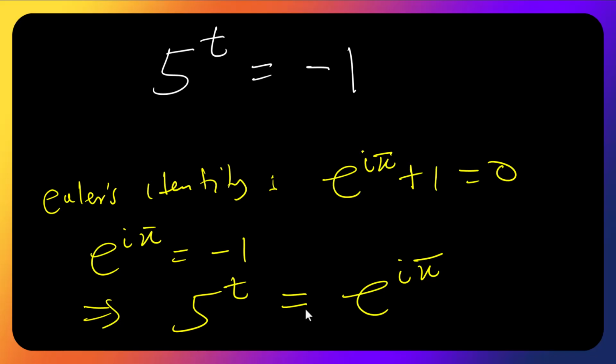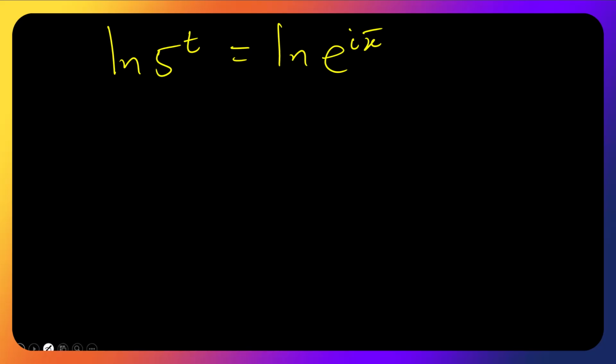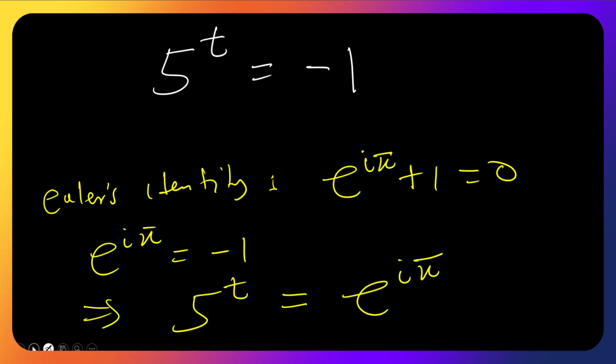So from here, I can go ahead and take log on both sides. So let's take log on both sides. Ln of 5 to the power t equals ln of e raised to i pi. Let's check this.